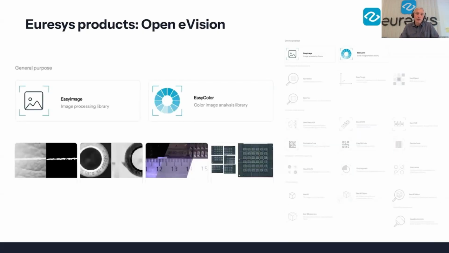The general purpose libraries, that's Easy Image and Easy Color, are really kind of pre-processing the images. So doing some filtering, geometric transformation, but also some more advanced stuff like high dynamic range combination or a very powerful image stitching function.